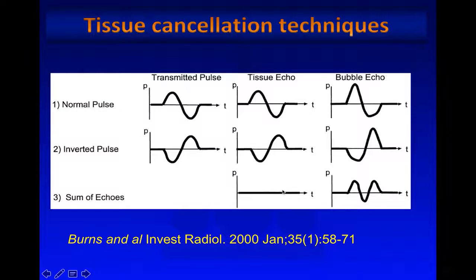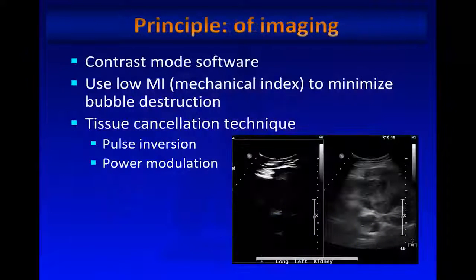In tissue, because they're linear reflectors, the sum of the echoes is zero, whereas because the bubbles are non-linear reflectors, they have a positive sum of echoes.